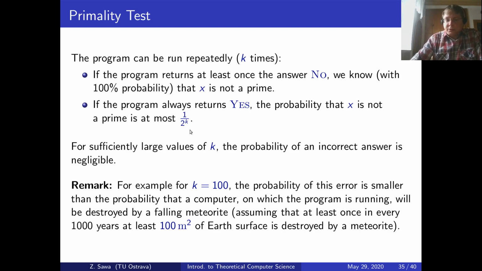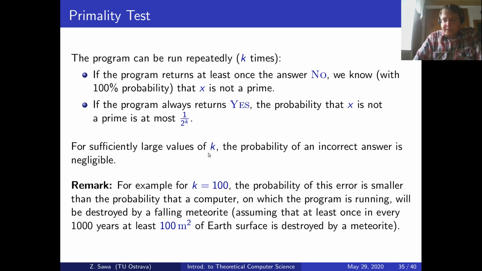To give you some idea, if we choose k, for example 100, then 1 divided by 2 to 100, because 2 to 100 is a quite big number, is a very small number.